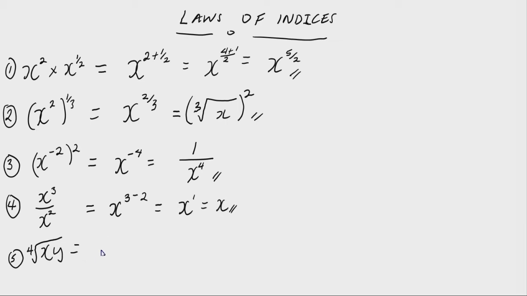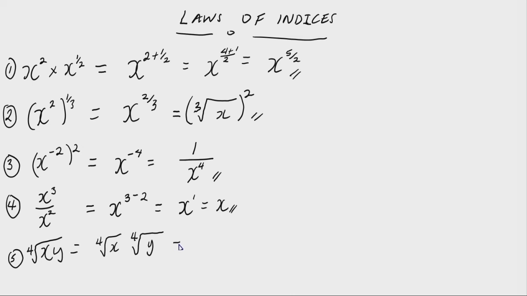So this one here, you just need to know that this is the same thing as the 4th root of x to the 4th power times the same for y.